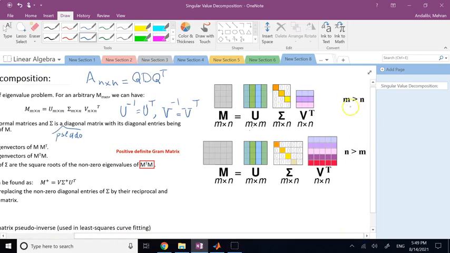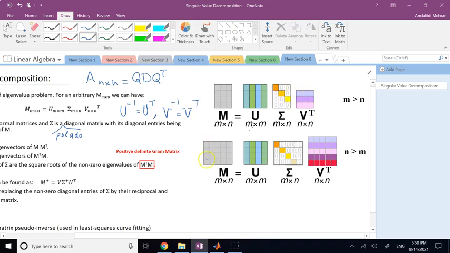Let's say here, two different cases: M is bigger than N or M is less than N. If you consider, let's say, 4 rows by 3 columns, sigma is the same size as M. So it has these 3 diagonal elements, 1,1, 2,2, and 3,3, that are non-zero values. Everywhere else is 0.